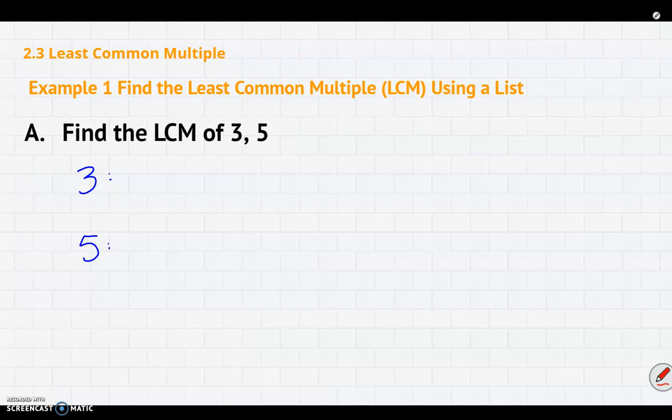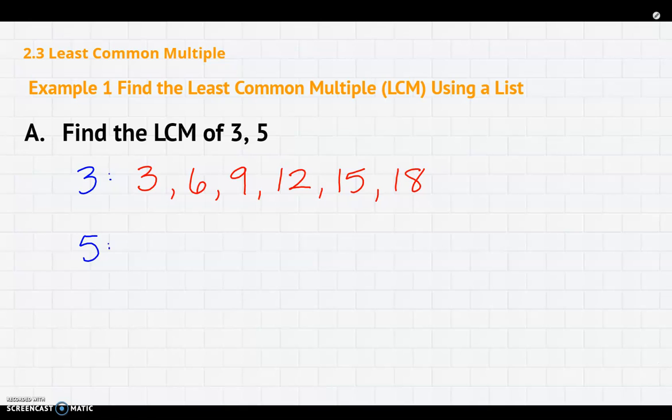I am going to start by listing all of the multiples of 3 and all of the multiples of 5. So the first multiple I will always list is the number itself, 3 times 1, which is 3. And then I will move on to 3 times 2, which is 6. 3 times 4. Sorry, I skipped 3 times 3. 3 times 3 is 9. 3 times 4 is 12. 3 times 5 is 15. 3 times 6 is 18.